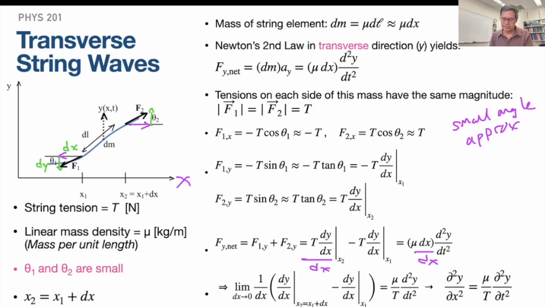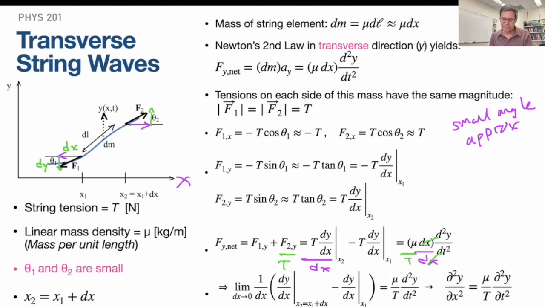So that'll cancel it on the right side, but not on the left side. So I have the 1 over dx here, and then I have the difference in derivatives, and so that's what I've shown here. The difference in derivatives at the two locations, divided by dx. There was a tension here, which I'm going to divide out also on the left side, but I have to divide it also on the right side.